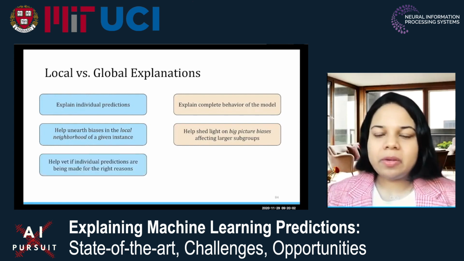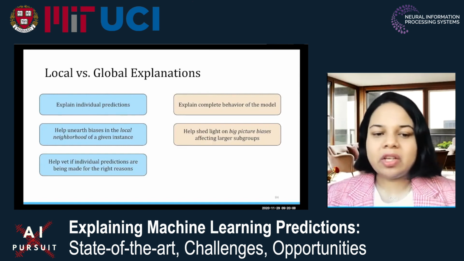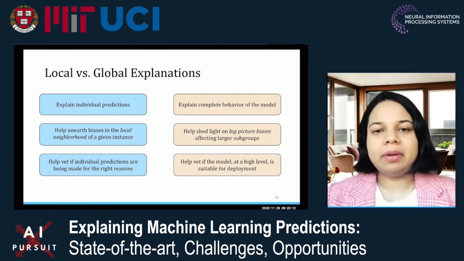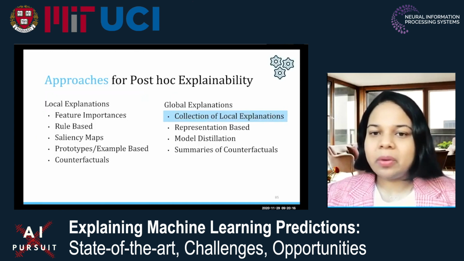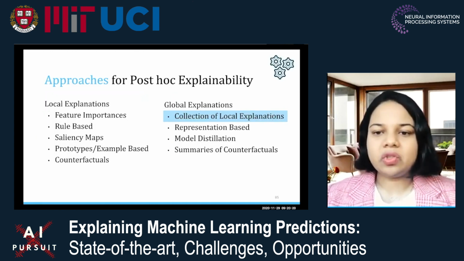And while local explanations help us vet if individual predictions are being made for the right reasons, global explanations help us vet if a model at a high level is suitable for deployment. Now let's jump into some of the techniques which are proposed in literature to construct global explanations.